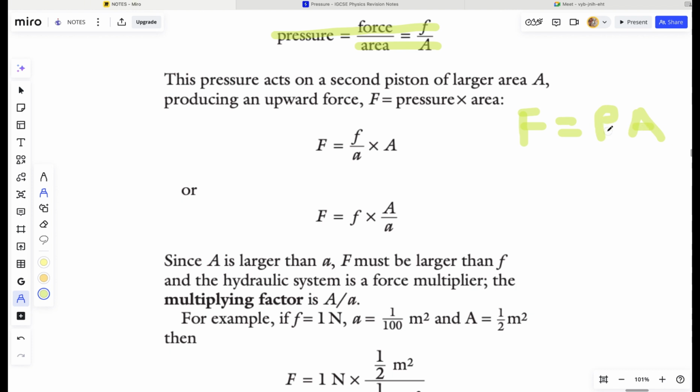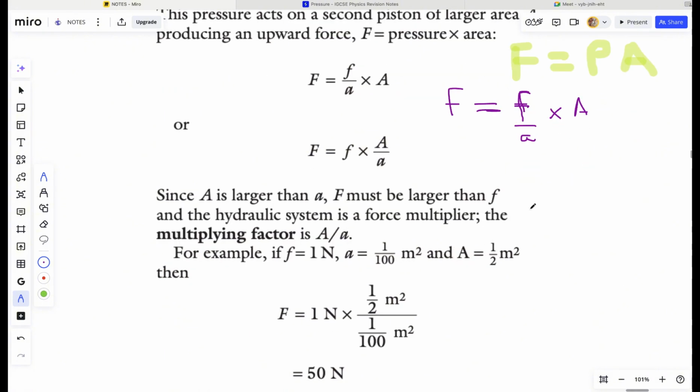So if that is true, we know the formula for pressure. We can replace it. We can replace the formula for pressure. So we can simply say force is equal to, instead of writing pressure, I can write force over area. Maybe to differentiate the two, make this one a small f, force over area, in place of pressure, then times area, the big area. I use big A to differentiate the other one.